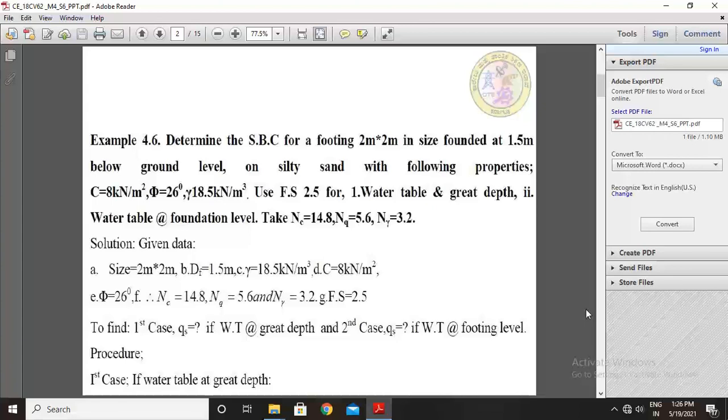Use factor of safety 2.5 for first case, water table at great depth. Second case, water table at foundation level. Take NC equal to 14.8, NQ equal to 5.6, N gamma equal to 3.2.